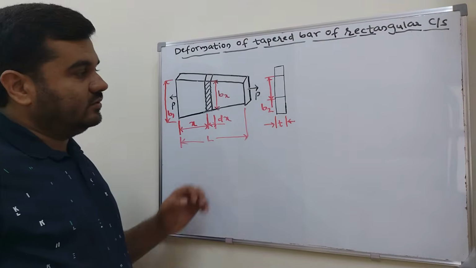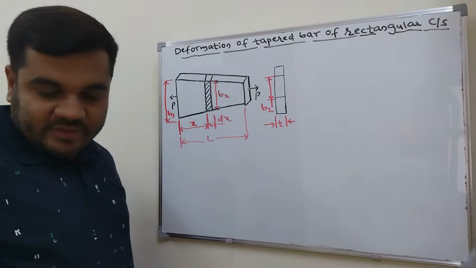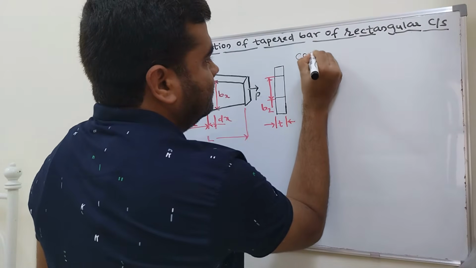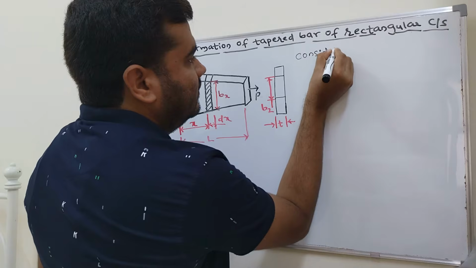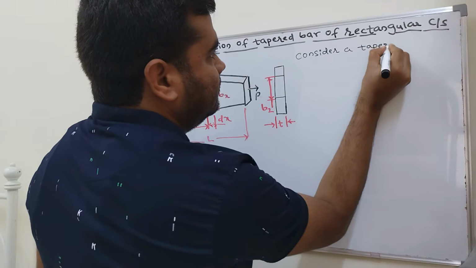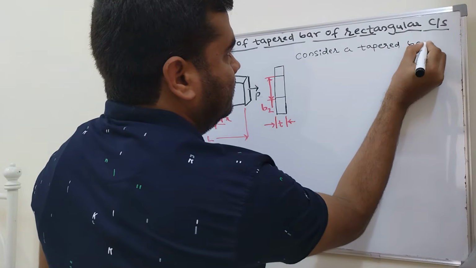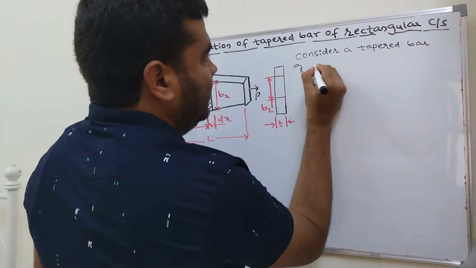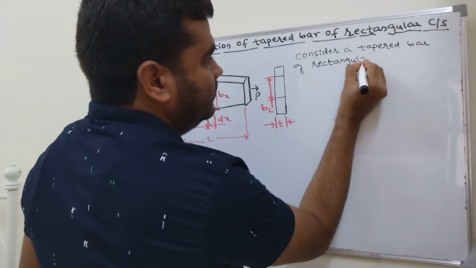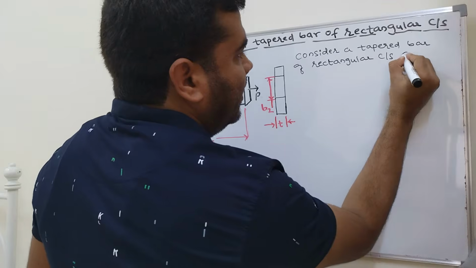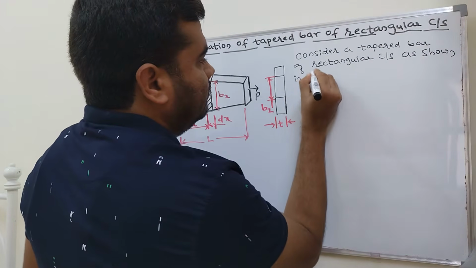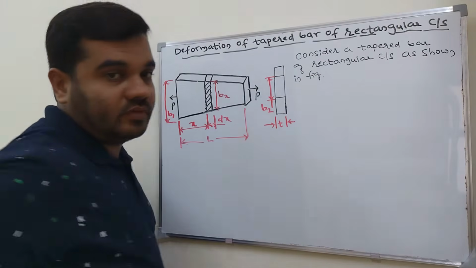Okay. So we'll start with the data here. First, consider a tapered bar of rectangular cross section as shown in the figure. Okay.